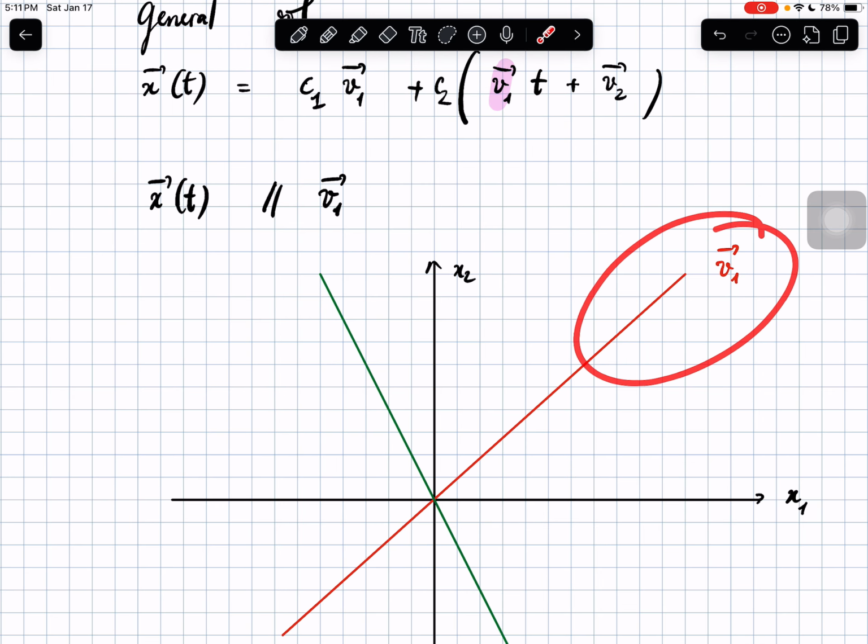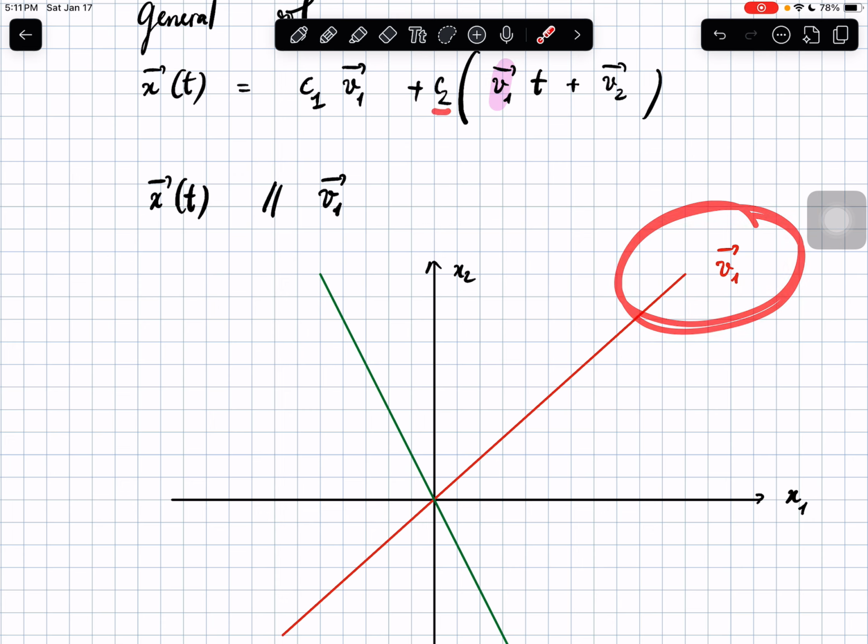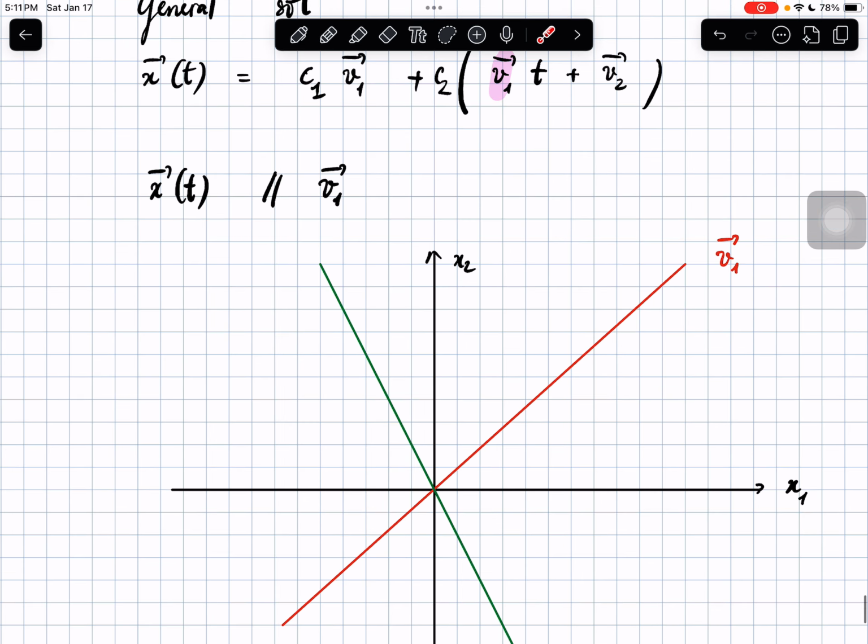Now look at this line, the eigenline, the one corresponding to c2 V1 t. c2 V1 t goes to infinity when t goes to infinity. Assume V1 is like this.